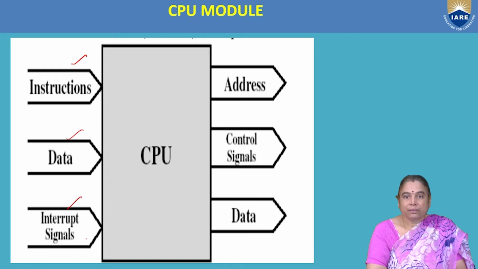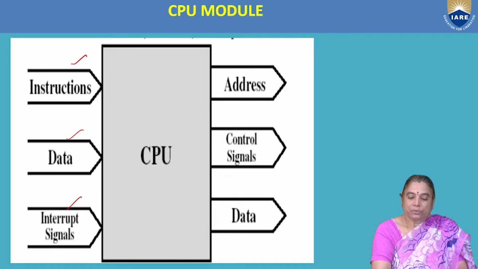Interrupts are signals which can stop the program execution temporarily. Then the CPU has to shift to the interrupt service routine, so the ISR program has to be loaded and executed. After completion of execution of the ISR, the suspended program may resume execution. So by using the interrupt signal, the current program execution can be suspended.